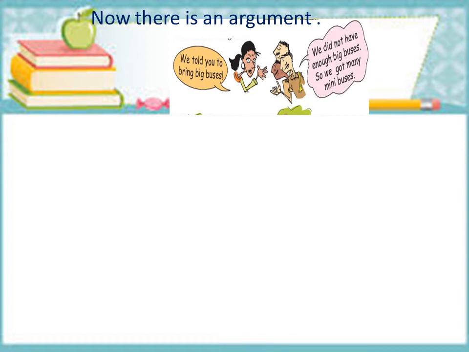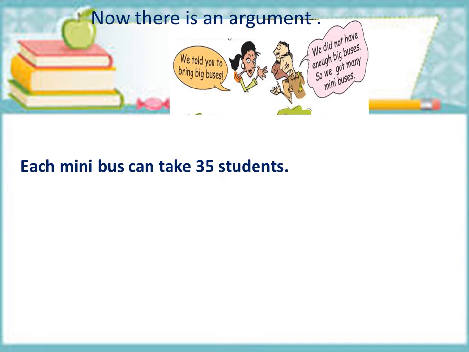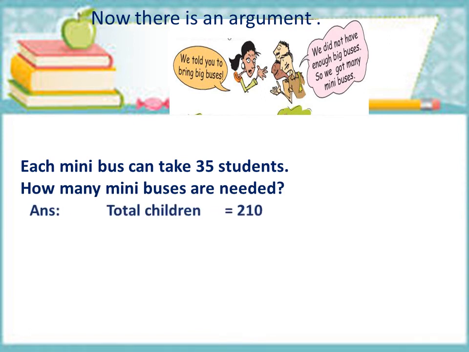Let us see how many buses we need. Each minibus can take 35 students. Then how many minibuses are needed to take 210 children? Total children we have, 210. Children in one bus, 35. So we need the number of buses.